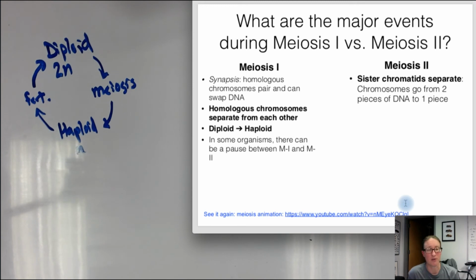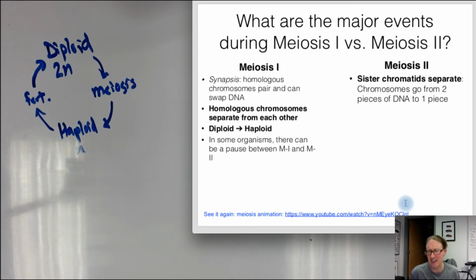We'll look at that more closely. The other thing that happens during meiosis 1 is that the homologous chromosomes separate from each other. Because they are separating, this is the point where cells go from being diploid to haploid. So meiosis 1 is often referred to as the reduction division.